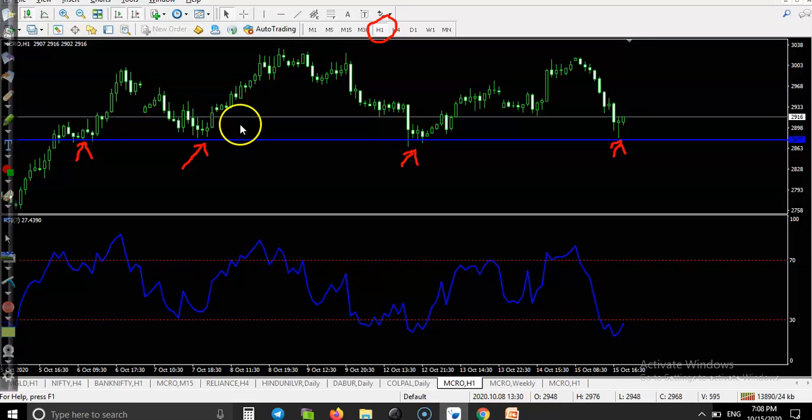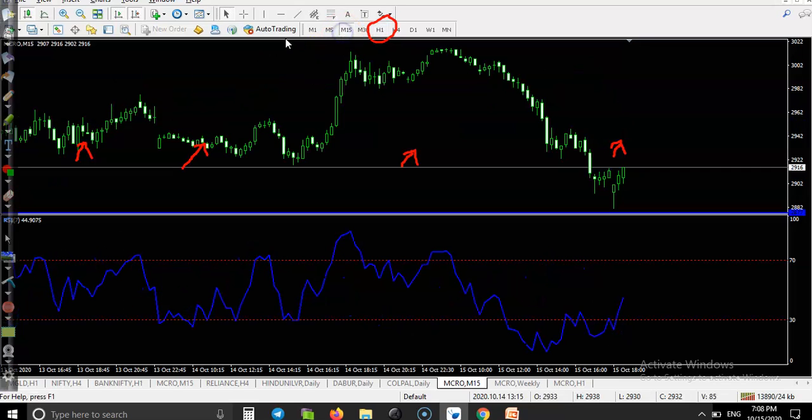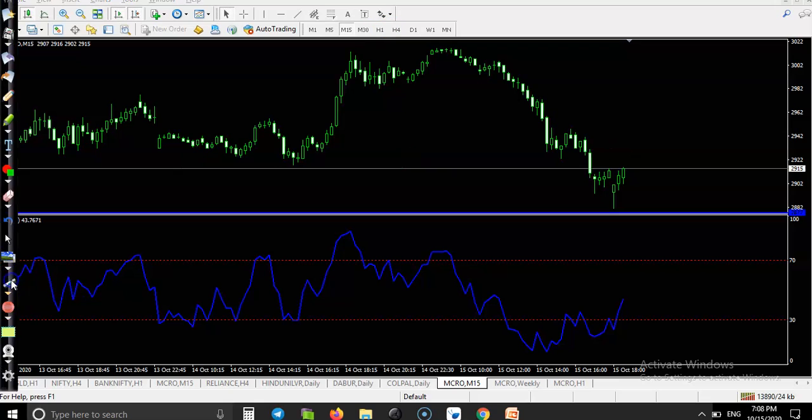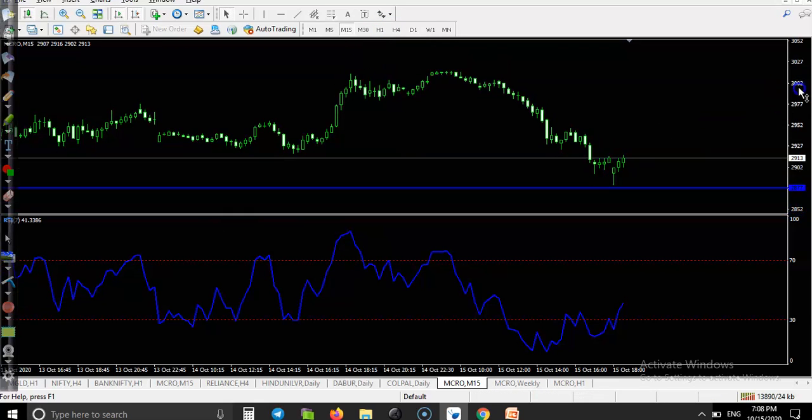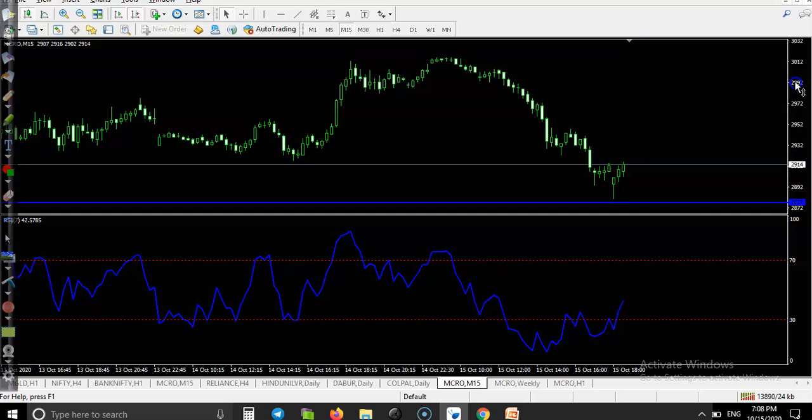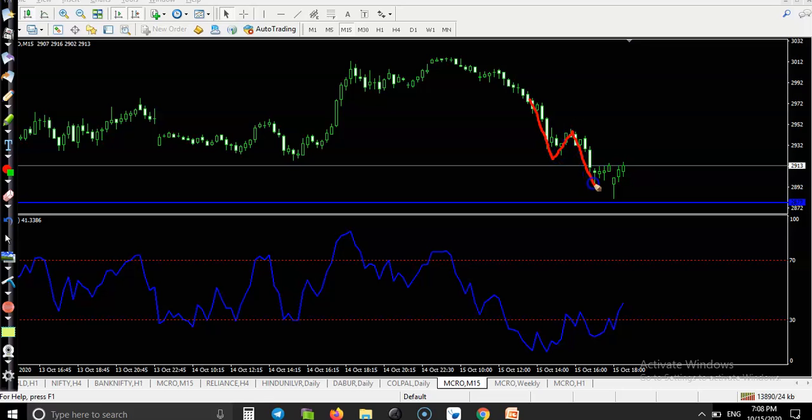Now let's just jump to a smaller timeframe, like 15 minutes. Okay, now I can see the 15 minute chart. What have we seen? In the 15 minute, price is creating lower low, lower high, lower low, lower high and a lower low.